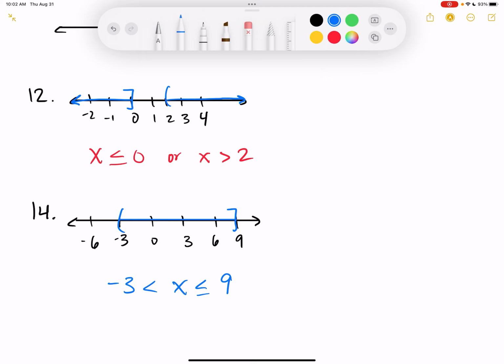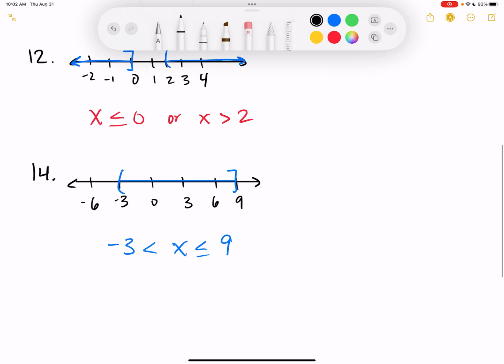All right. They say now to graph the compound inequality, so they give you the statement and you have to do the graph of it. So let's see, 18. 5 is less than or equal to x is less than 10.